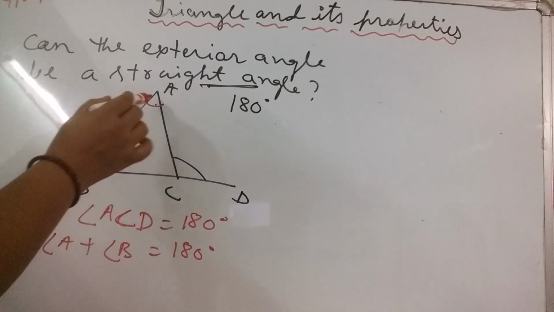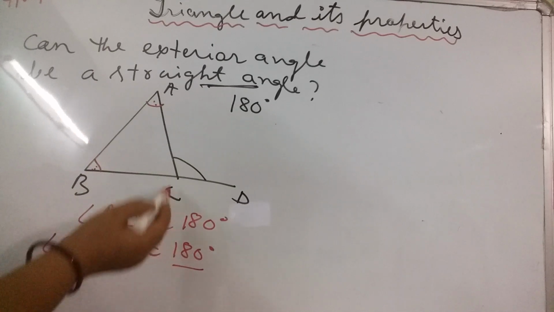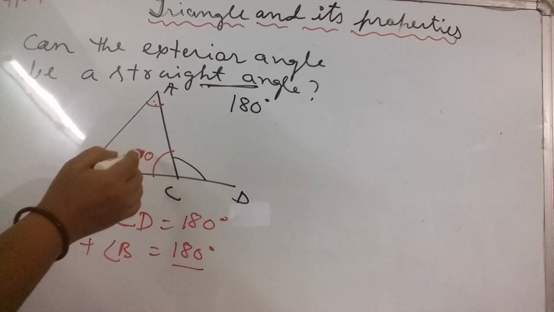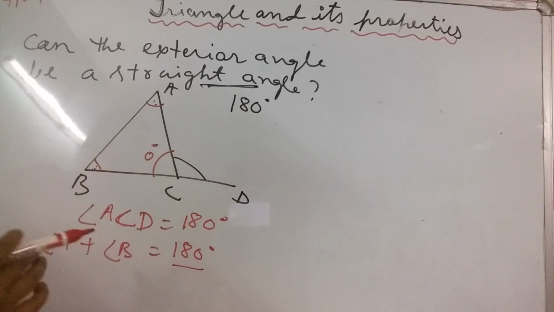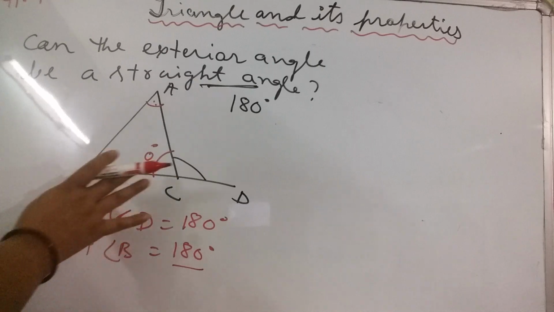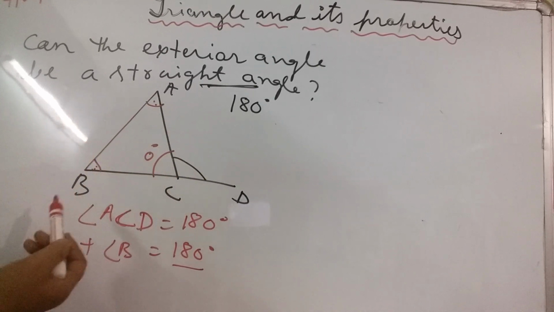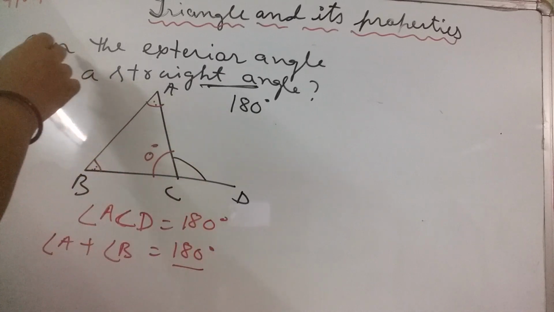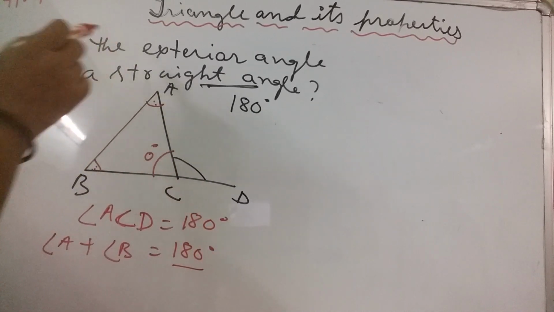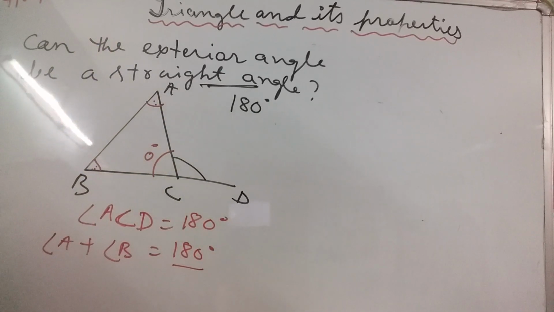If these two angles are 180 degrees, then this angle C should be 0, which is not possible. In any case it is not possible that angle C will be 0 and angle A plus B will be 180. So it's not possible that the exterior angle of a triangle will be a straight angle.